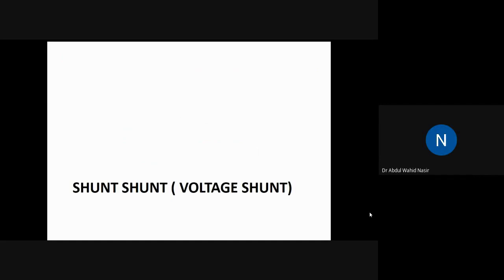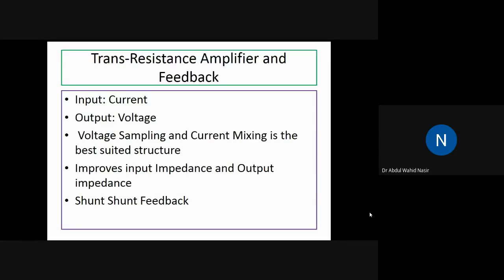Okay, moving forward, we will now have the analysis for the shunt feedback amplifier. This is called a trans resistance amplifier. Shunt means that the output and input both are connected in shunt type. That means here we have input as a current signal and output as a voltage signal.